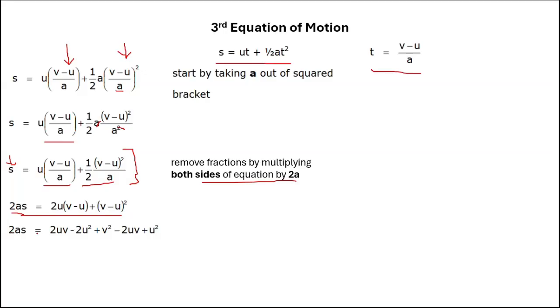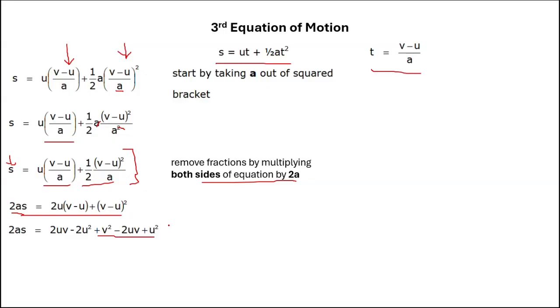So 2as is equal to 2u multiplied with the bracket, so 2uv minus 2u multiplied by u gives us 2u square, plus v minus u square. So we use the formula a minus b whole square is equal to a square minus 2ab plus b square. So v minus u square is simplified and we get this.